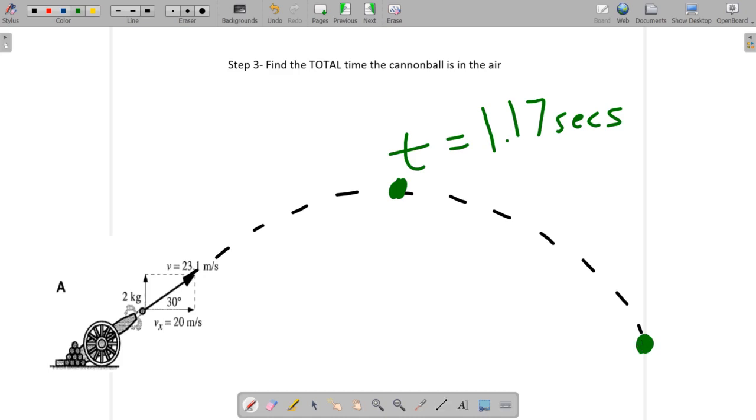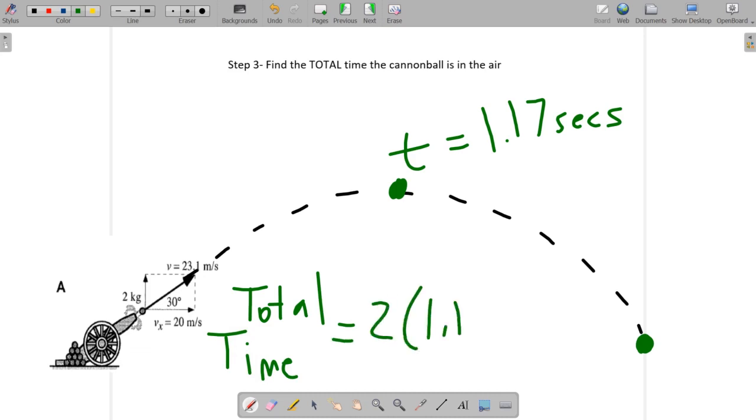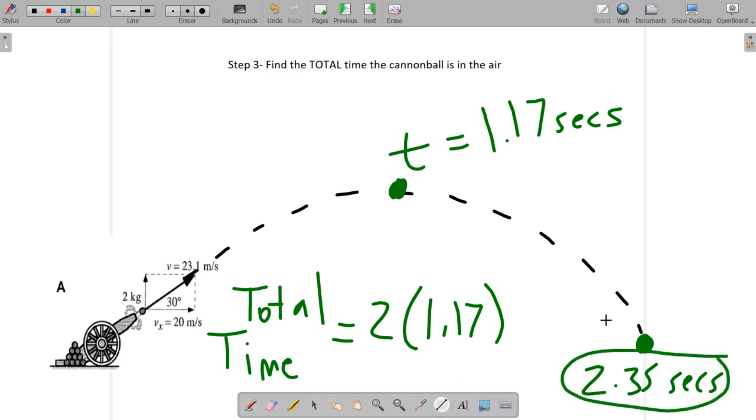So for step 3, again, total time is just equal to 2 times 1.17 seconds. And when you put that in your calculator, you should get 2.35 seconds. And that right there represents this time right here, the total time the cannonball is in the air.